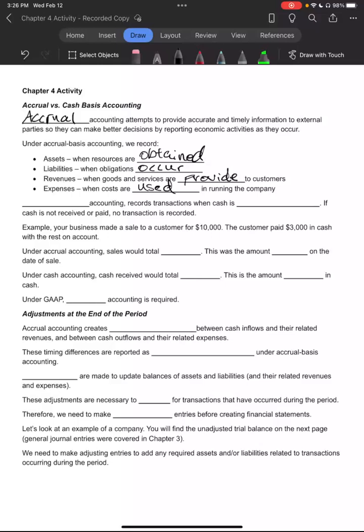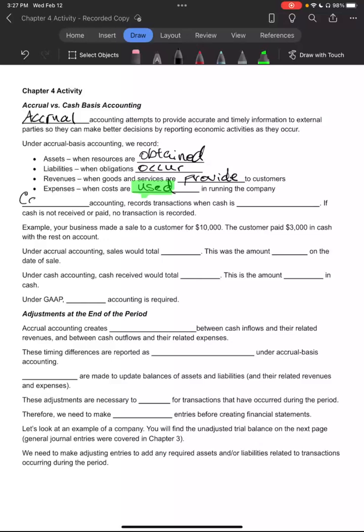Again, this word used is something that I try to really force into you guys' minds when we're talking about things like expenses, because when you see a word like used, incurred or expired, those should indicate to you pretty strongly that there is an expense involved. At least one of your accounts will be an expense.